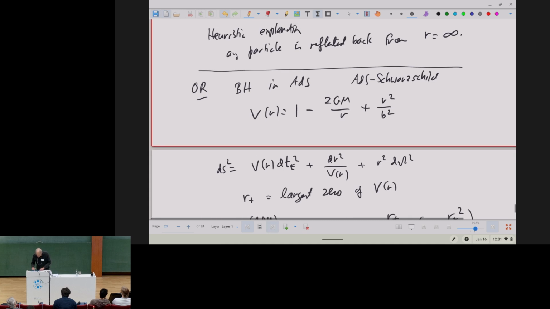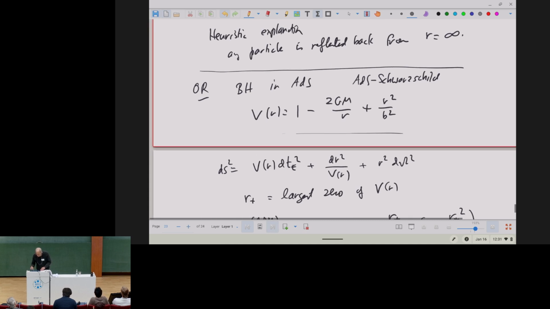So going back to this solution, you see that if b is very, very big compared to M, the fact that the cosmological constant is negative gives us this term. But if M is small, then you basically have a small black hole in a large anti-de Sitter space. So you have a small black hole in a space-time that's cut off at infinity by the fact that it becomes very cold at infinity in the way I explained.